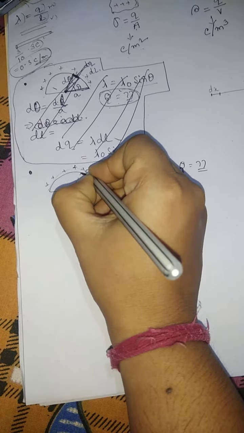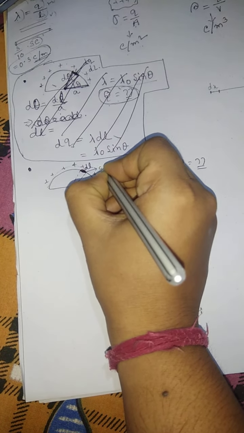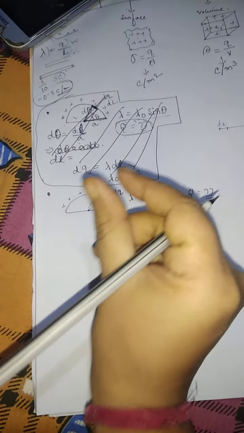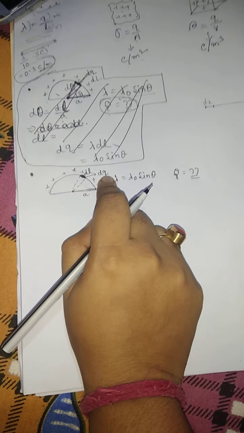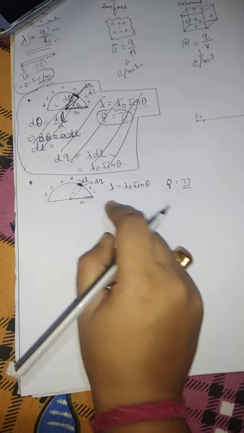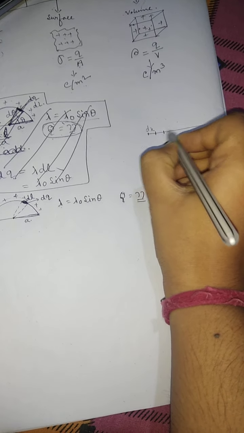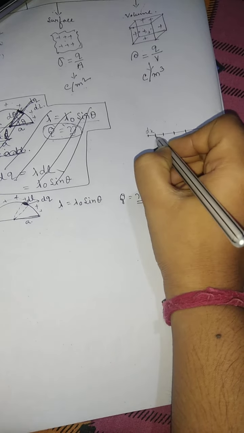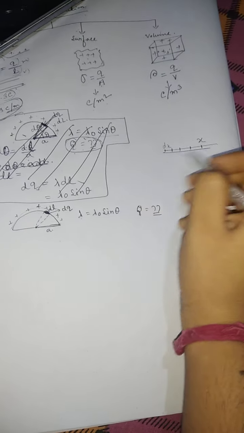Within this length, the charge enclosed is a small amount of charge dq. If we find the expression of dq and integrate it, we get q, because this is dx, this is also dx, and so on. The sum of dx equals x. In mathematical form, the sum of dx means integration of dx.